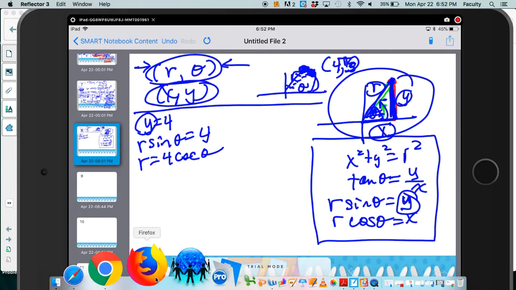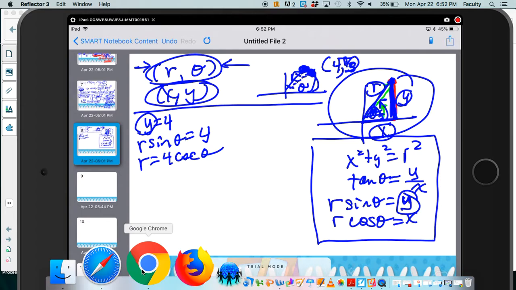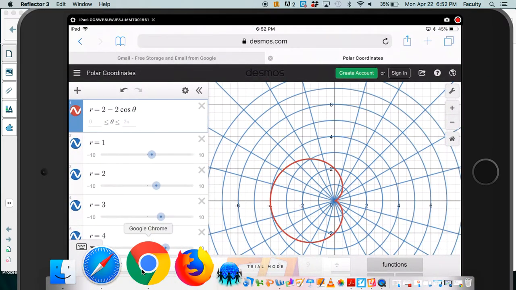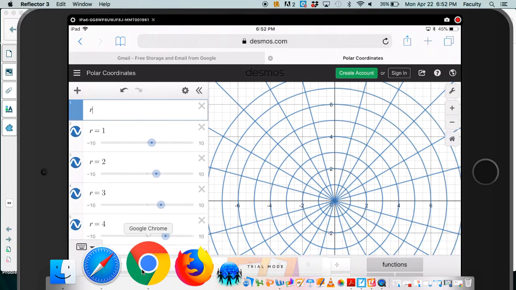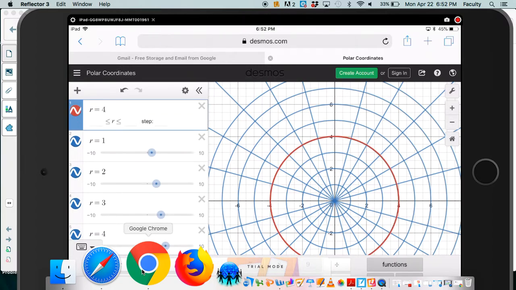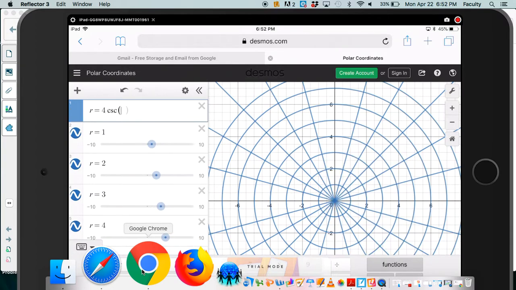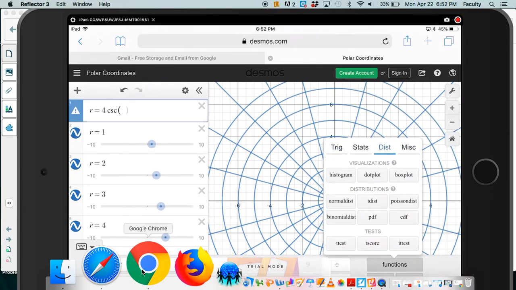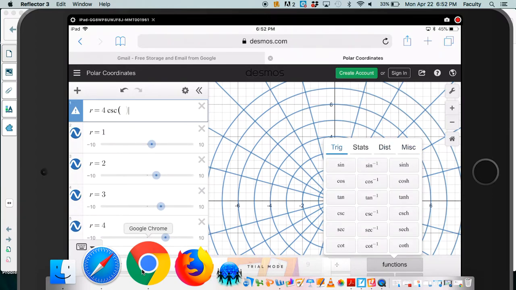Let's look at Desmos on that. I think I have it pulled up here. All right, so if I put in r equals, instead of a y equals, I have r equals 4 cosecant, and then I need theta.